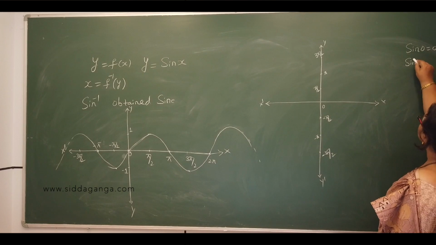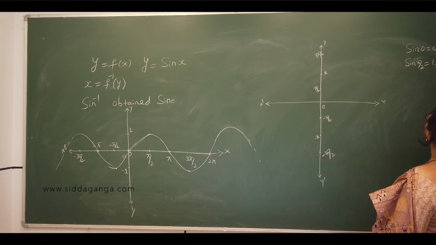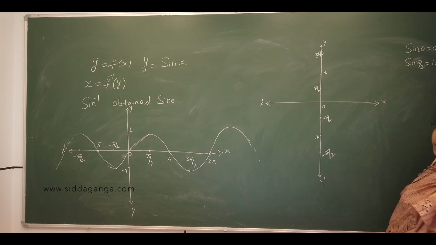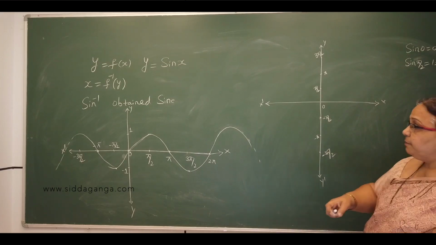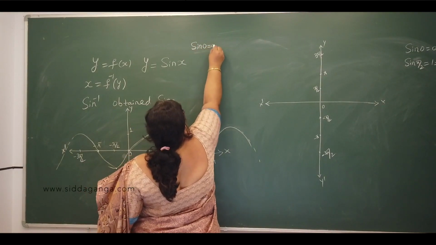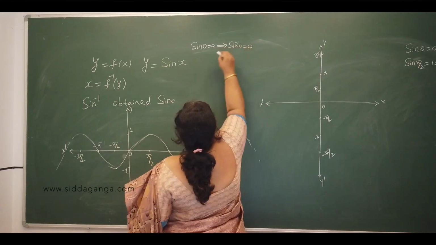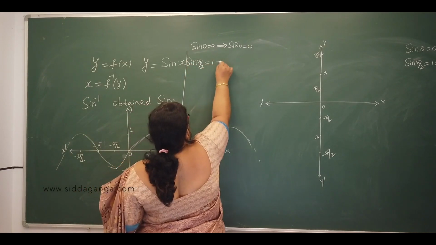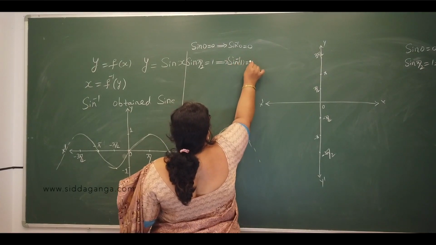Sin 90 degree equal to 1 implies sine inverse of 1 is equal to pi by 2, that is 90 degree.